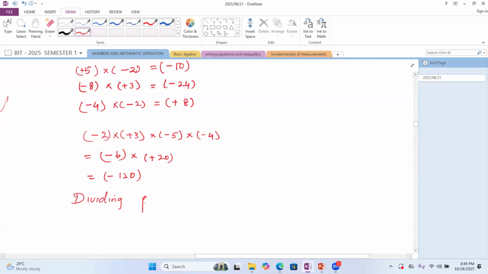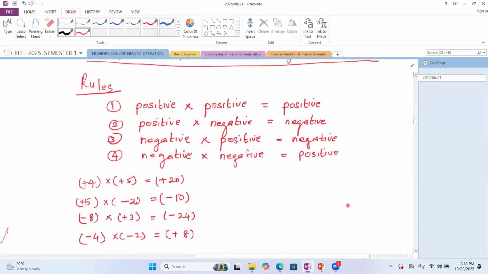Dividing positive and negative numbers, the same, right?